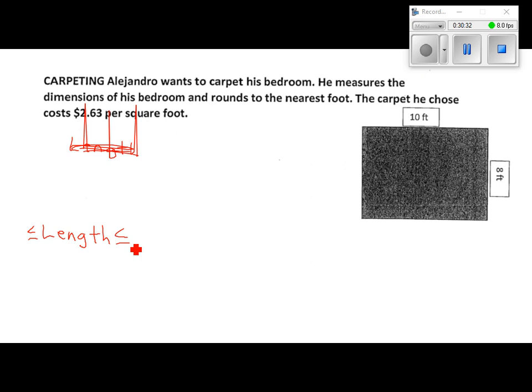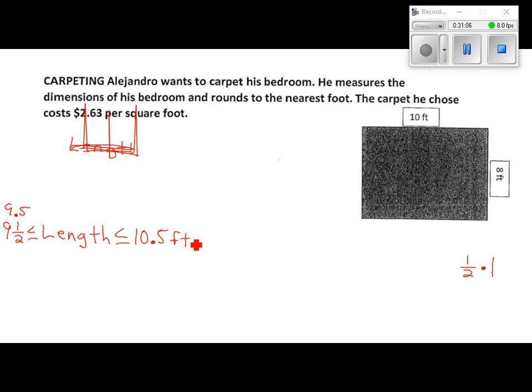What's 1/2 times 1 foot? 6 inches, or half a foot, right? So we want to go down a half a foot and go up a half a foot. So if he said it's 10, what's the lowest it could actually be? 9.5 feet. What's the highest it could actually be? 10.5.